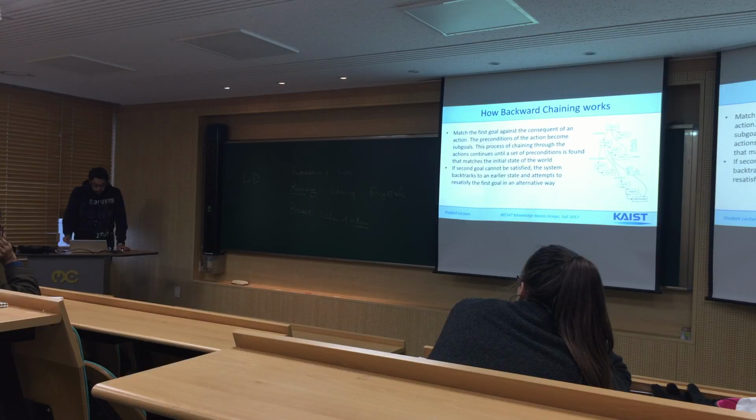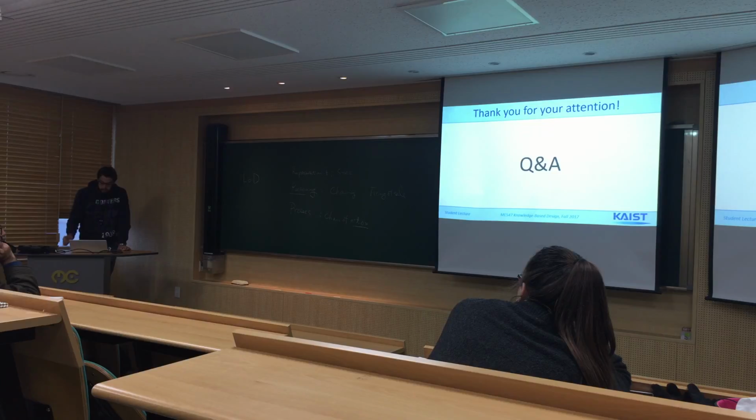If this action, like the sub goal on the right, which is written fail, doesn't reach the goal, it means that you have to find another one. So you go back, you try to find another one, and when you find the correct one, you go back until you arrive at the origin. So yeah, this is backward chaining. And I conclude my presentation.